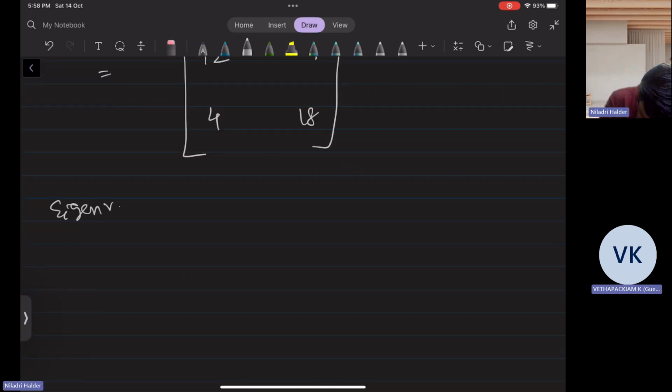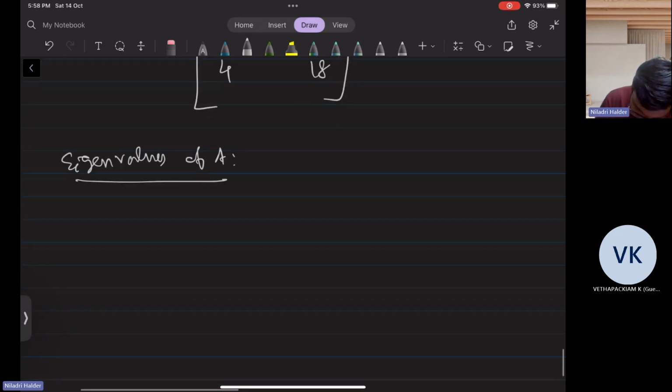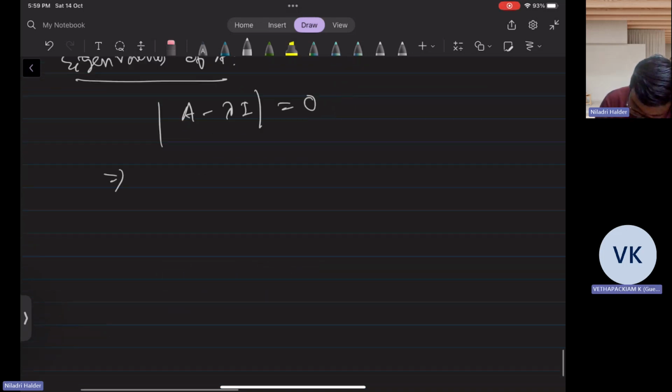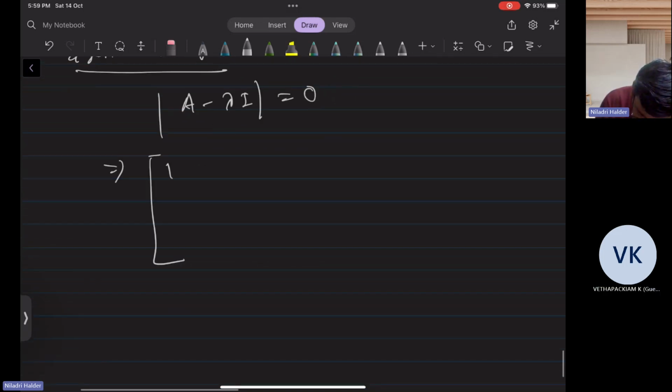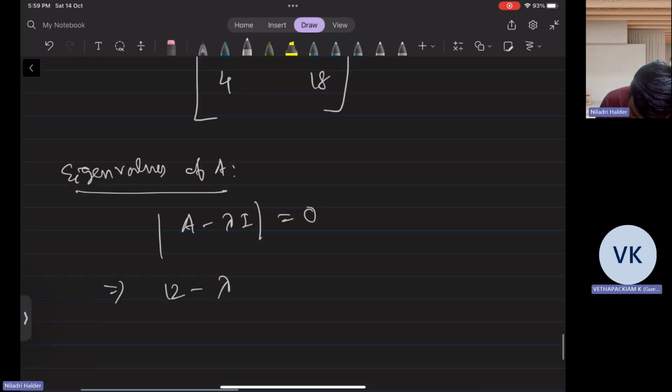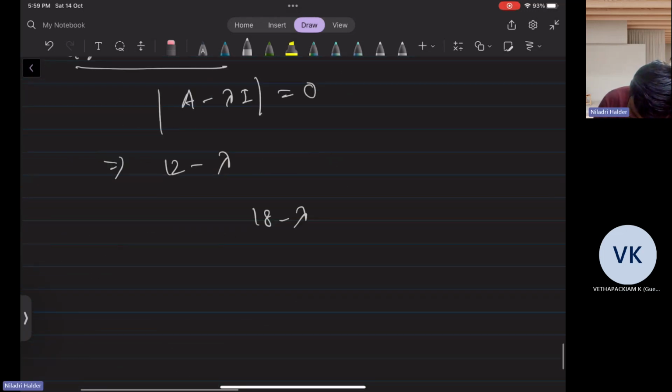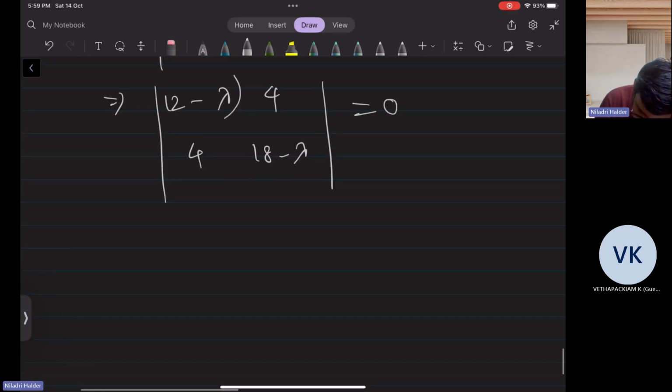Now find out the eigenvalues of A. A minus lambda I determinant is equal to 0. So A is [12 4; 4 18]. So 12 minus lambda, 18 minus lambda, then 4 and 4. Determinant of this equal to 0.